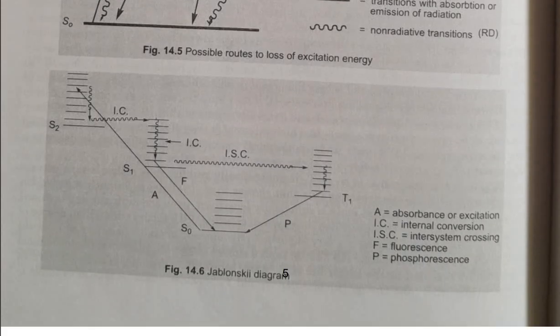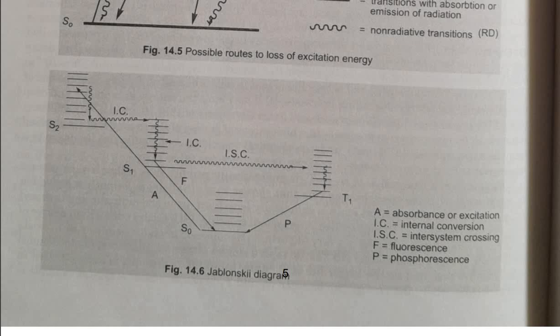Now you can see the Jablonski diagram here. S0, S1 and S2. S2 to S1 is IC. In between there are a lot of vibrational energy levels. S1 to T1, in between there are a lot of vibrational energy levels.